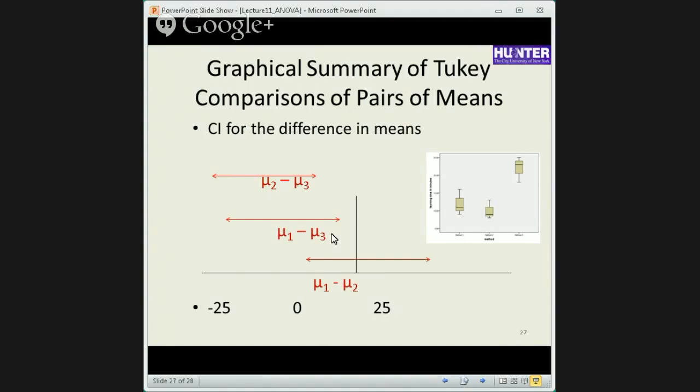Here is what the confidence intervals look like. So the difference between 1 and 2 crosses 0. They're not very different. 1 is slightly higher than 2, so the center of the confidence interval is above 0. And for 1 minus 3 and 2 minus 3, the difference is going to be negative, and the interval doesn't cross 0.